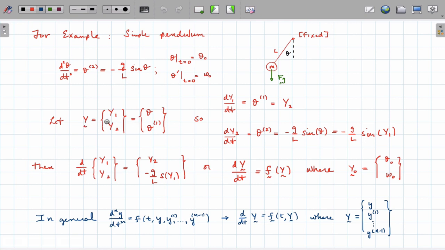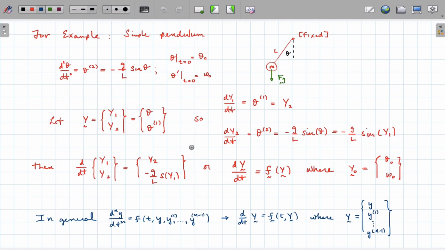Then if we take the derivative of y, dy/dt, the derivative of the first element is just going to be theta prime, which written in terms of our new solution vector is y2. The derivative of y2, which is theta prime, is going to be theta double prime, which is exactly what was defined for us by our ODE. In terms of our new solution vector, that's just going to be minus g on L sine y1.